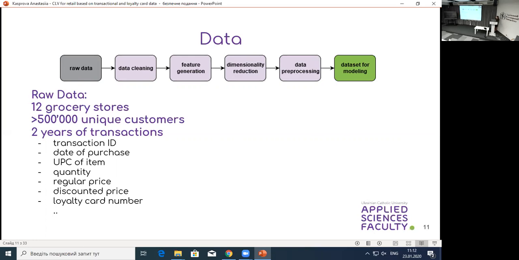As a result, we obtained 3 different data sets. The first one is used for clustering and Markov Chain, the second one for time series forecasting, and the third one for lifetime estimates.